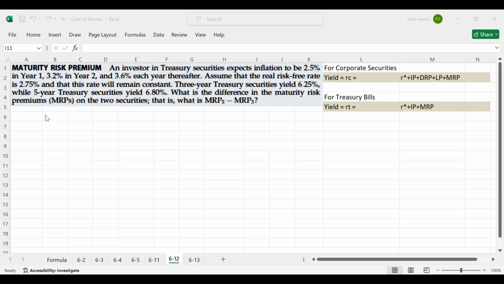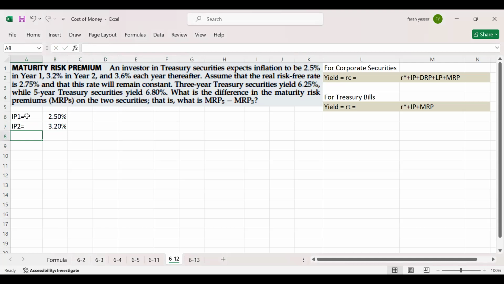So first of all, we write the data or extract the data. Inflation IP year 1 is given, which is 2.5%. Then IP inflation of year 2 is given, which is 3.2%.